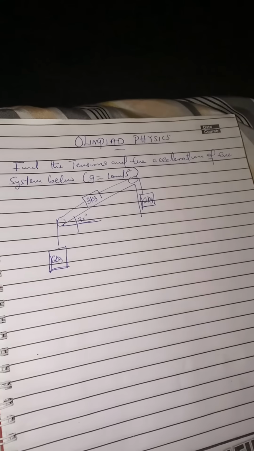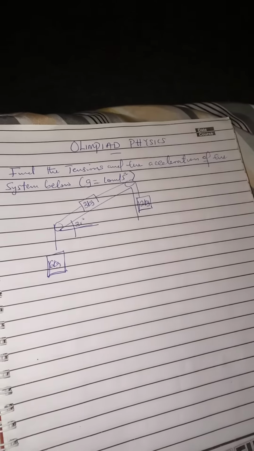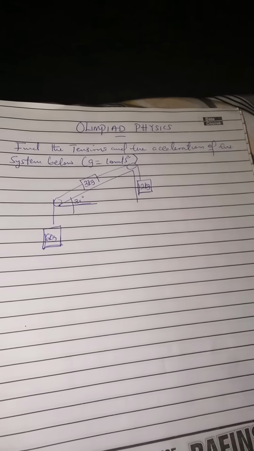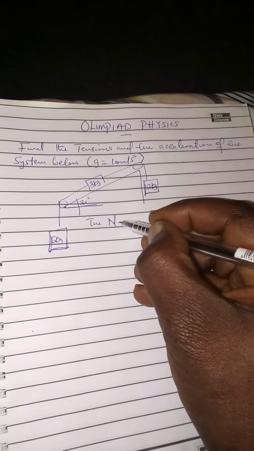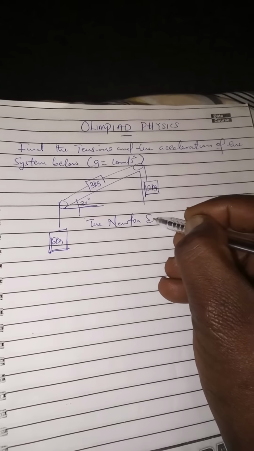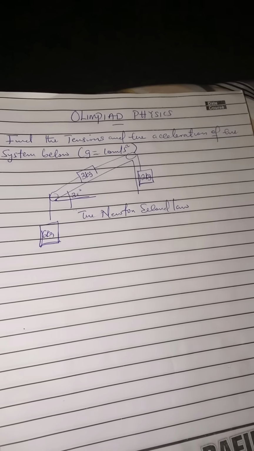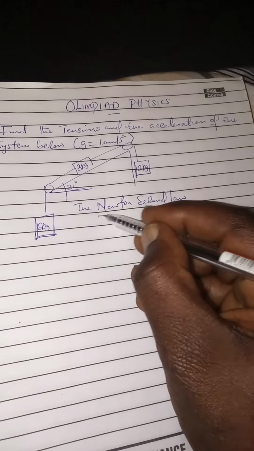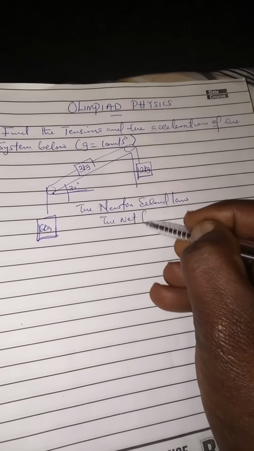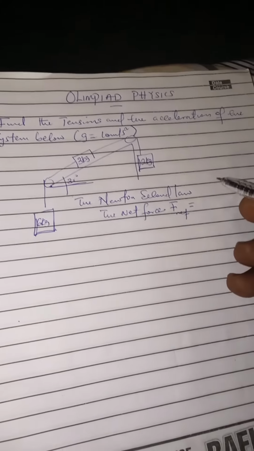When you see this type of question, the first thing that you will apply is what we call Newton's second law, which mathematically gives us the net force, let's say F net, is equal to what?